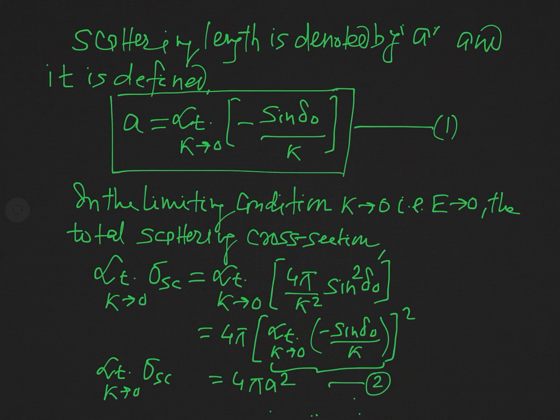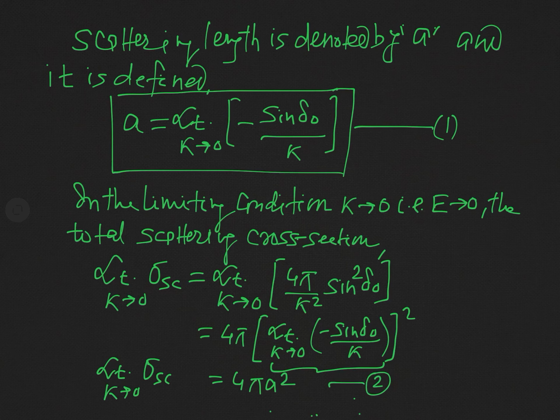Here I have used the definition of the scattering length A, which is defined in equation 1, you can see, and so I have replaced this term inside the square bracket by A, and so our result is limit k tends to 0 sigma SC equal to 4 pi A square.